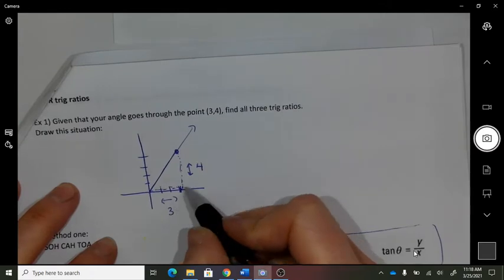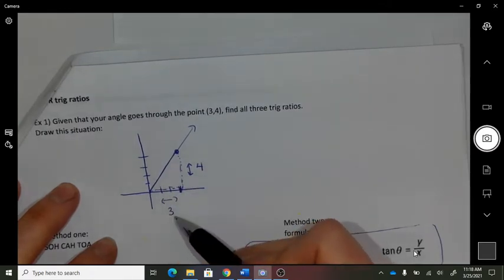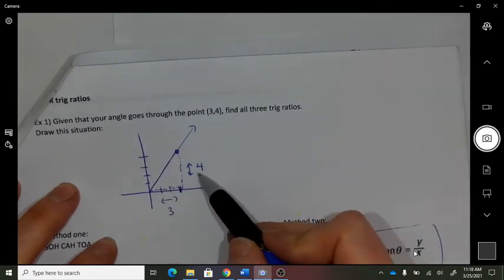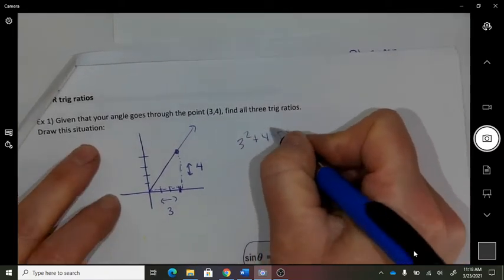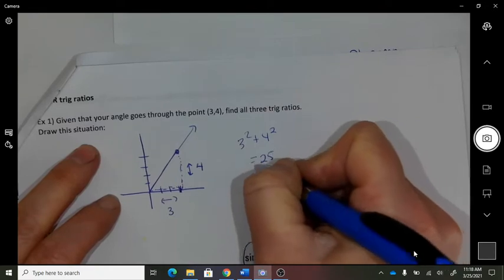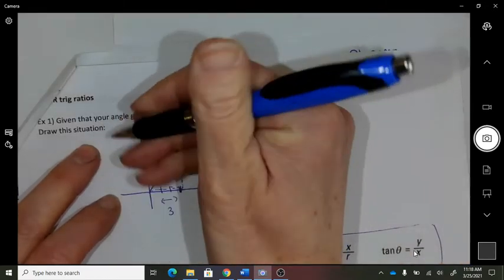So I'm going to go a squared plus b squared equals c squared. So 3 squared plus 4 squared is 9 plus 16, which equals 25. So the square root of that, I get 5.